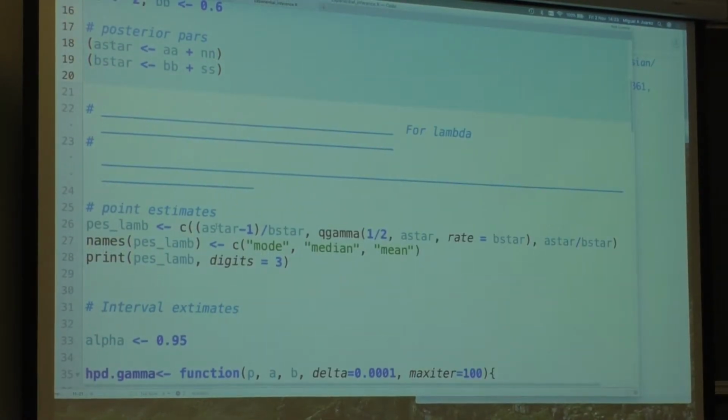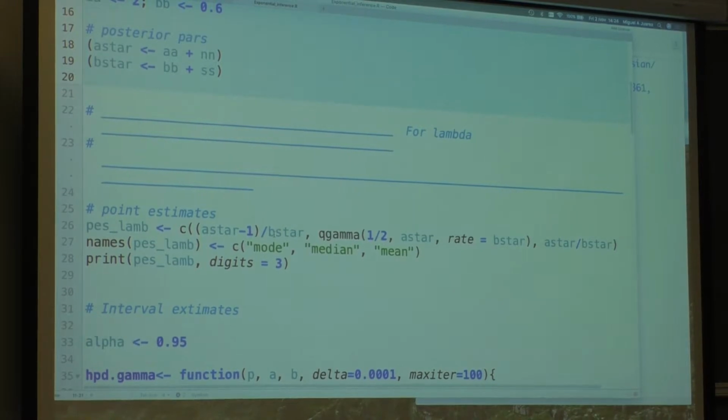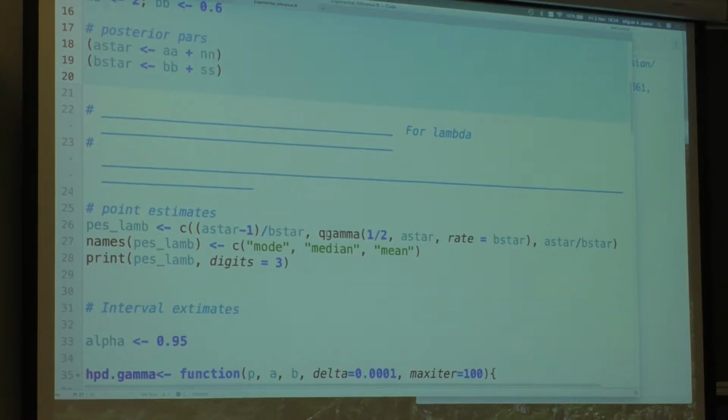Point estimates. A star minus 1 over B star, that one there. If I want to find the median, I can use the quantile function in R, and the quantile of 1/2 is the median, so that is what I'm calculating here. And then I have A star over B star, which is the posterior mean.